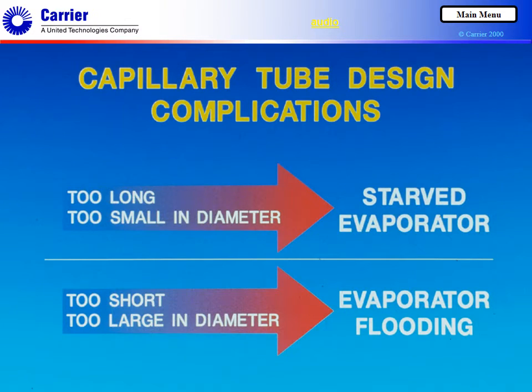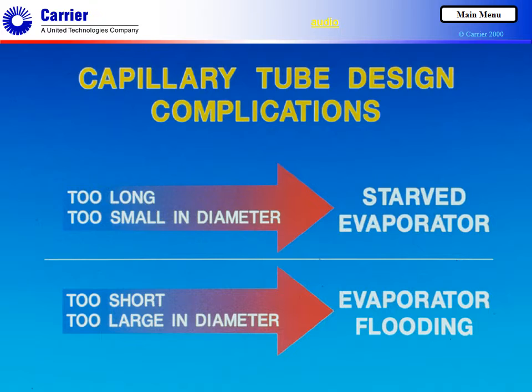If the capillary tube is too long, or its diameter too small, or both, the evaporator will become starved for refrigerant, and too much liquid refrigerant will build up in the condenser. The combined effect will cause the system to operate at too high a head pressure and with inadequate cooling capacity. In addition, the operating cost will increase. These same symptoms occur when a properly sized capillary tube is partially plugged with debris.